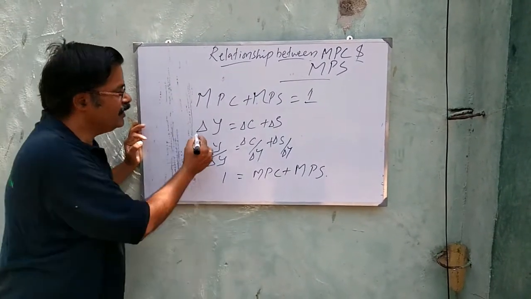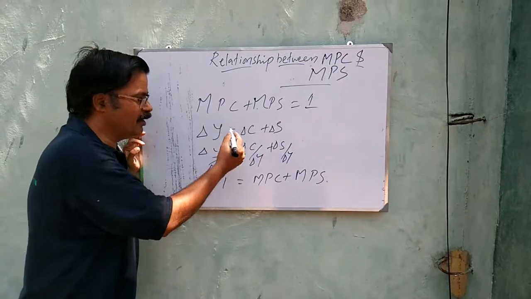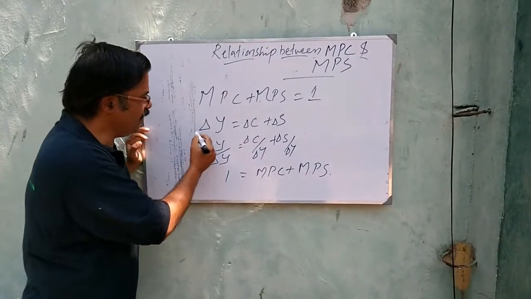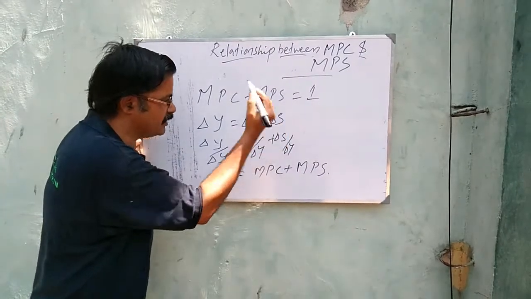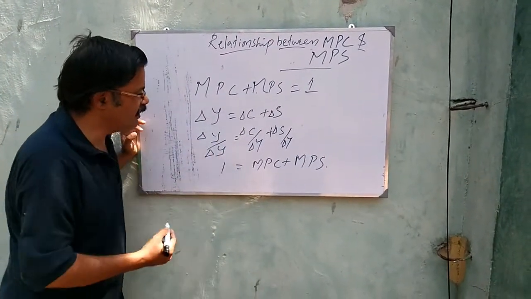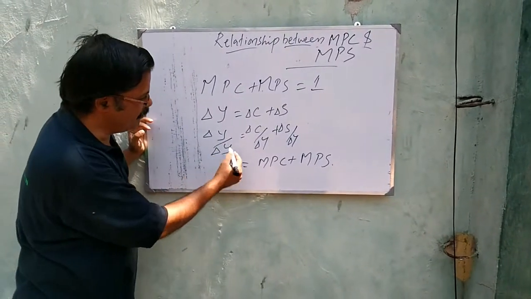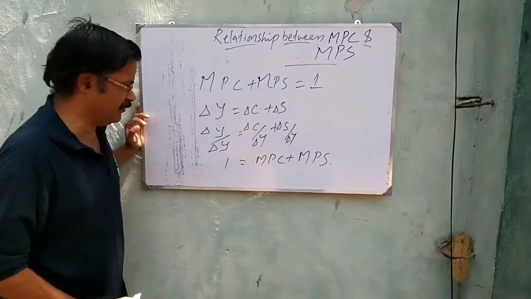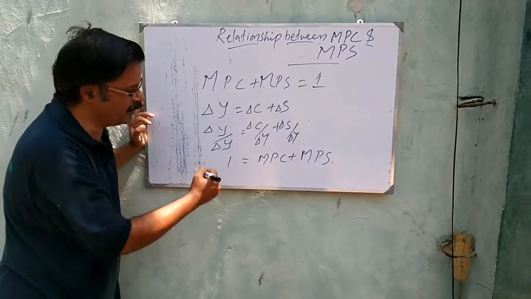Let us prove it. Change in income is equal to change in consumption and the change in saving. So we can write it as delta Y is equal to delta C plus delta S. Now let us divide every term by delta Y. So delta Y by delta Y, delta C by delta Y, delta S by delta Y. Delta Y by delta Y you get 1.